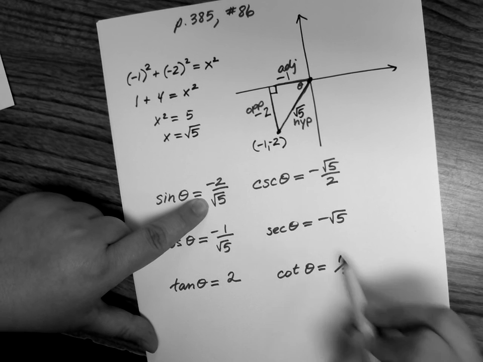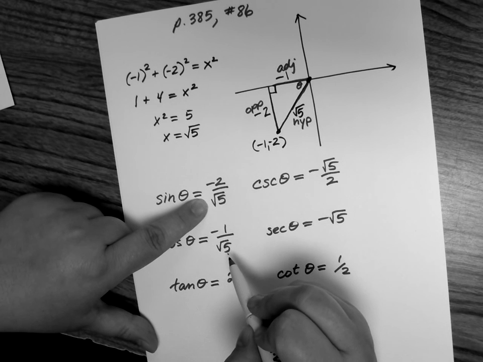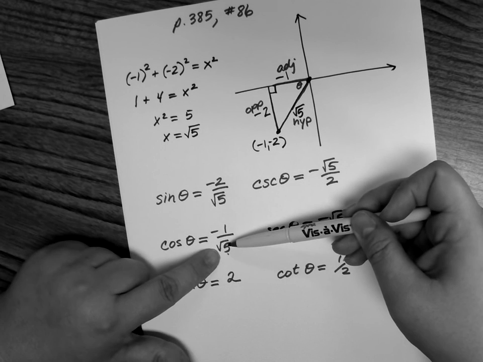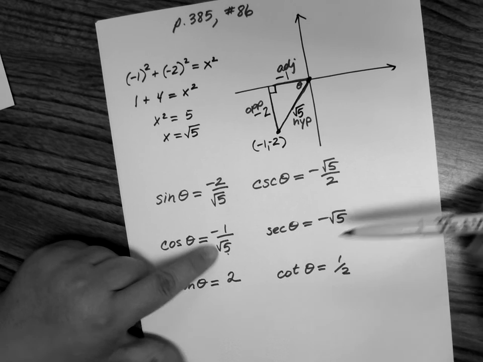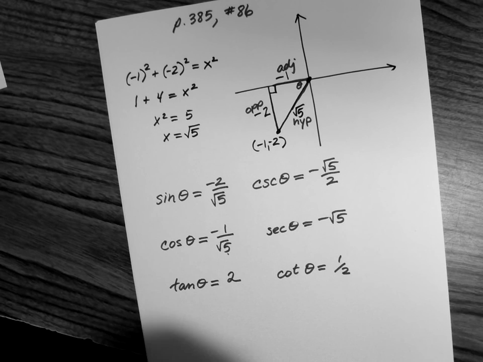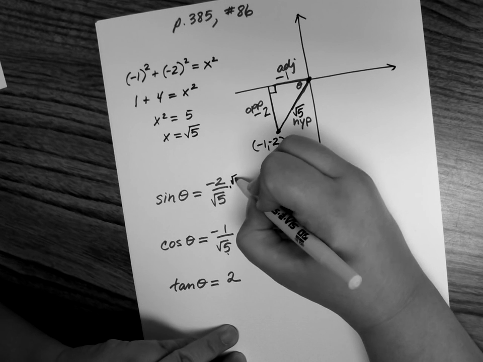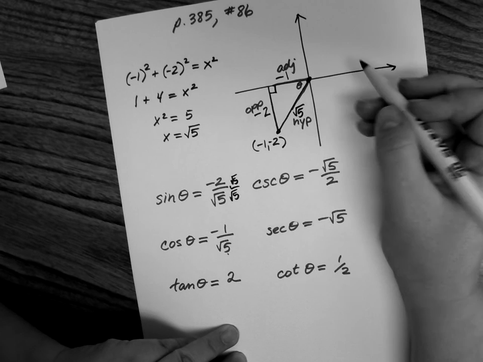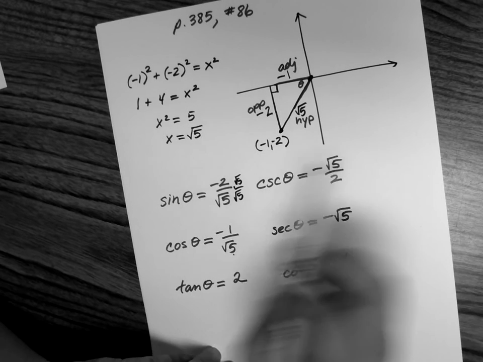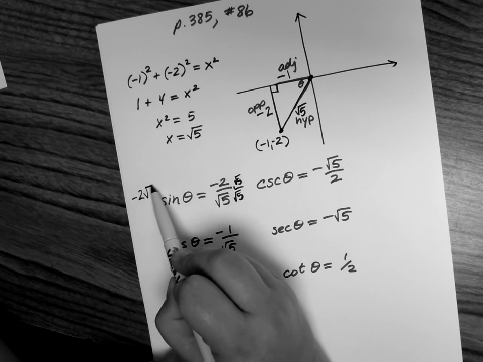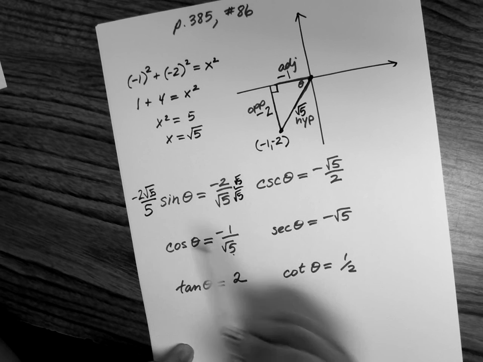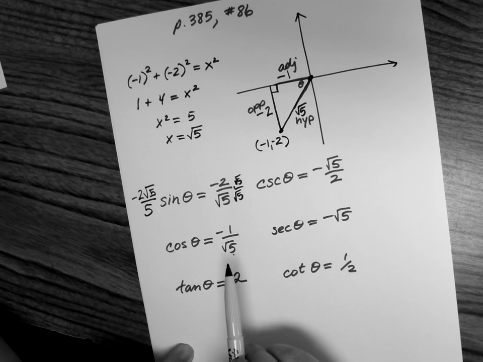Now I still do have to rationalize these. It's just that if I had rationalized them first and then flipped them, then I'd have to rationalize again here. Okay, so now let me rationalize these. Multiply by square root of 5 over square root of 5. I did not leave myself much room, I'm sorry. And this is what I get, because on the bottom is 5. Square root of 5 times square root of 5 is just 5.